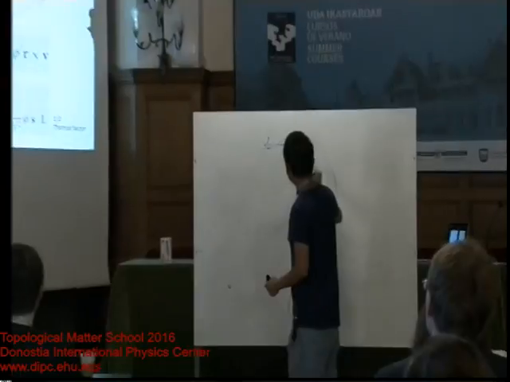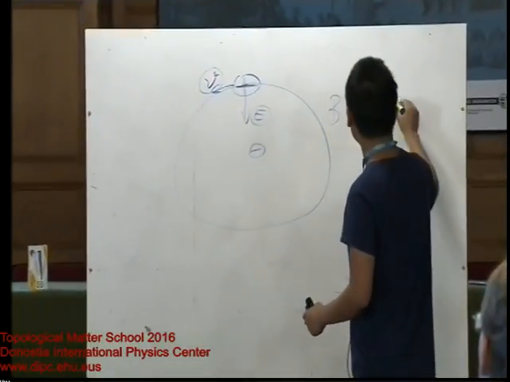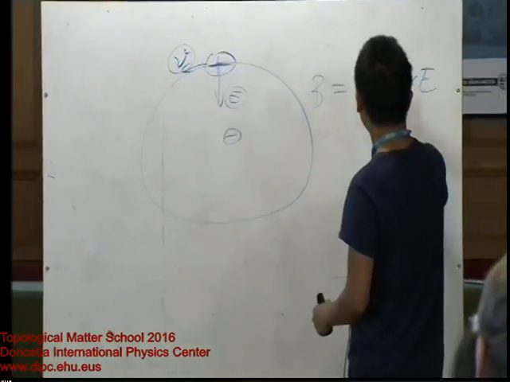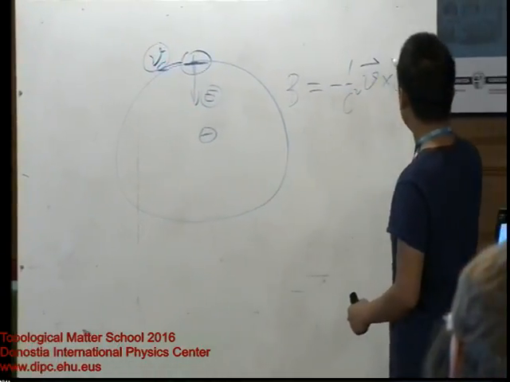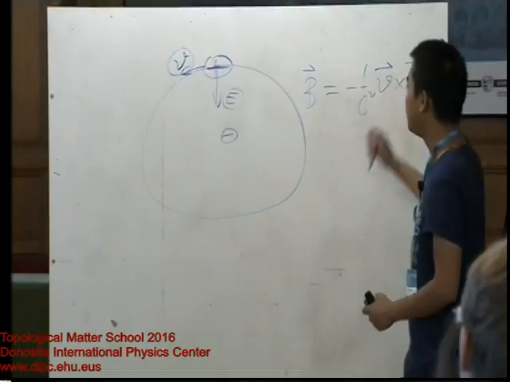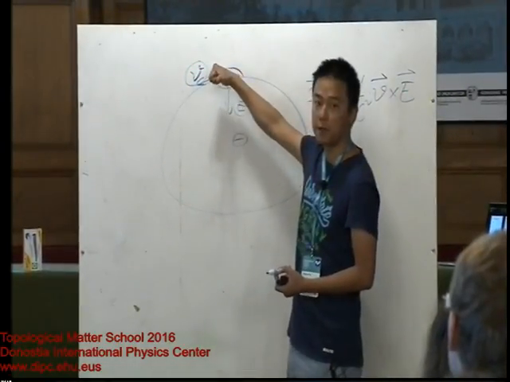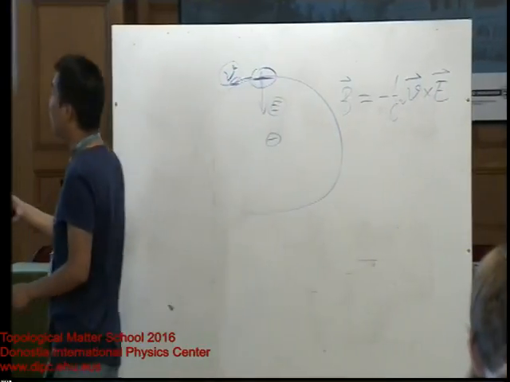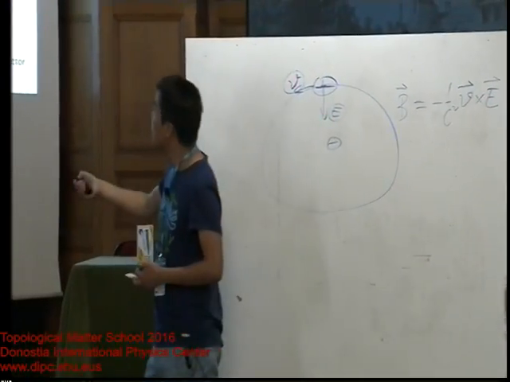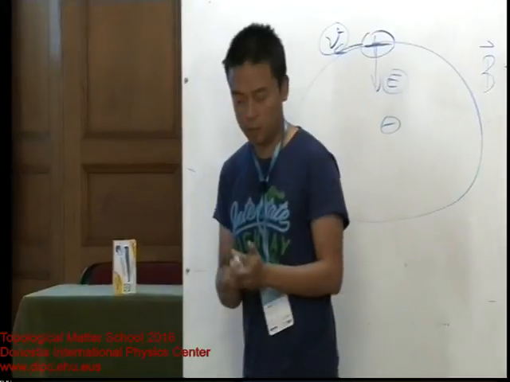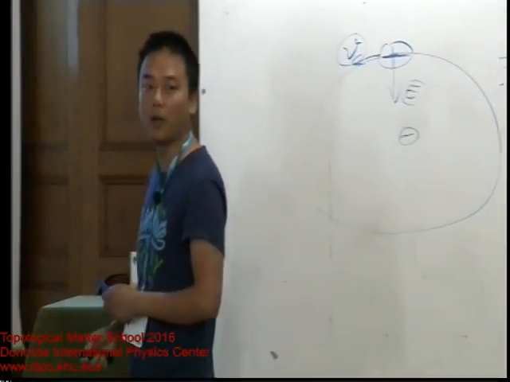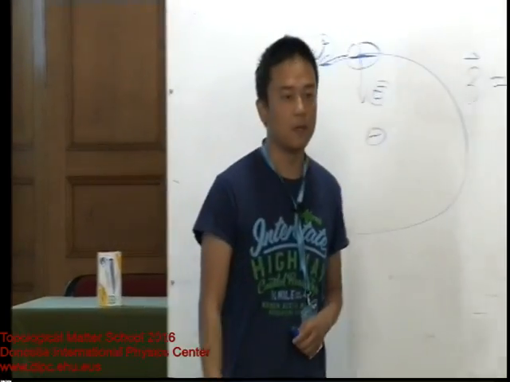This E and v will simply generate a magnetic field. This field is in this direction. Maybe you already forgot this formula, but don't feel shame. I also copied it from Wikipedia.